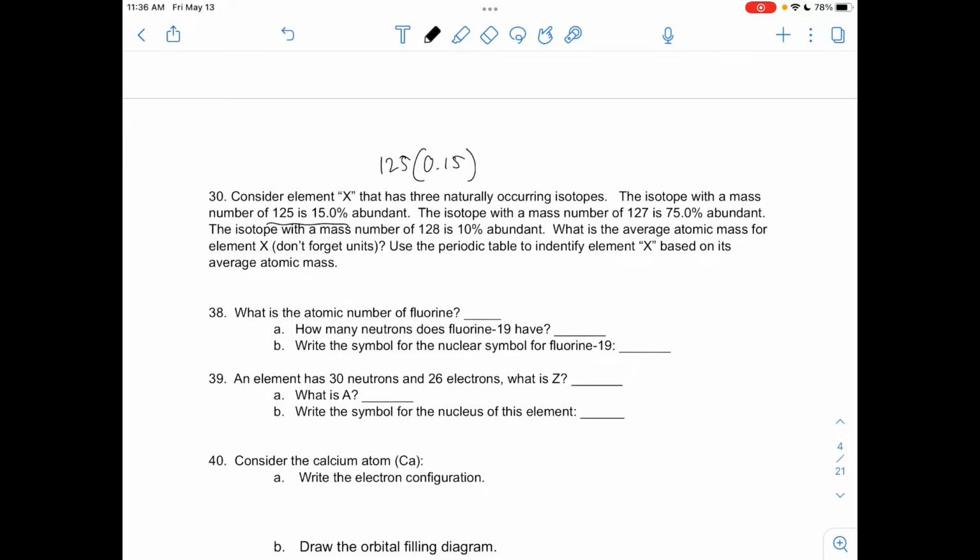Okay, so 15% would be 0.15. And add that to the next isotope, which turns out to be 127. Put some brackets. Okay, 127 times its abundance, so 0.75. And then add that to the third one, which is 128 times 0.1.